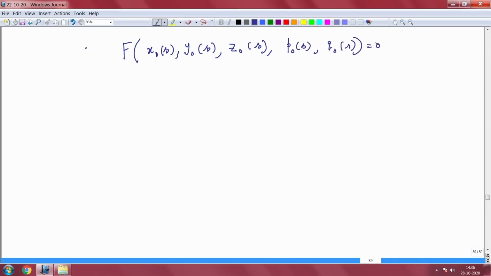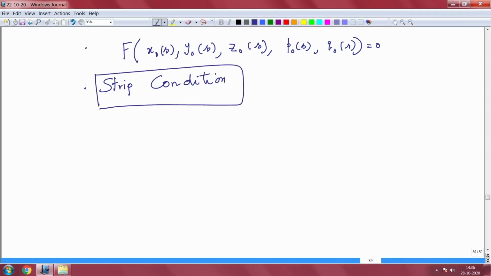Of course, whether it has a solution is a different issue. There is one more condition, called the strip condition. All this you have to know. What is the strip condition? You have your u x t is equal to, lies on, right.